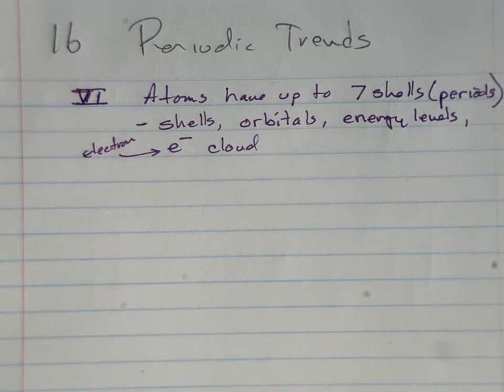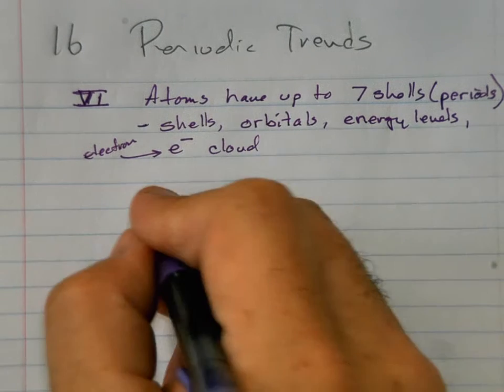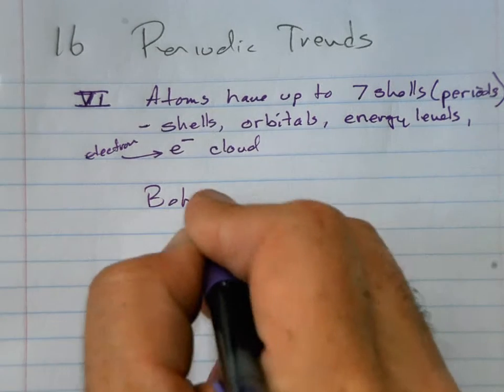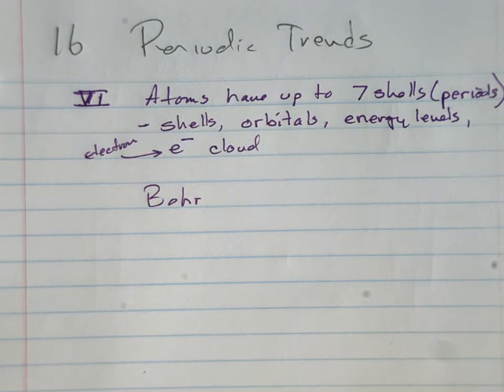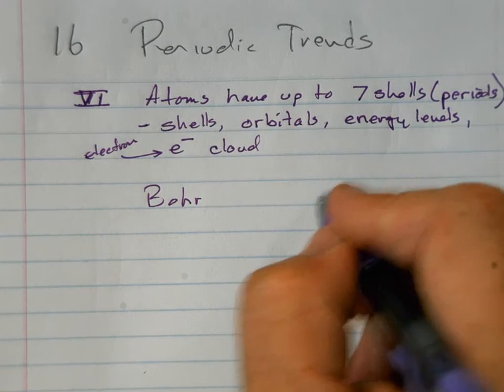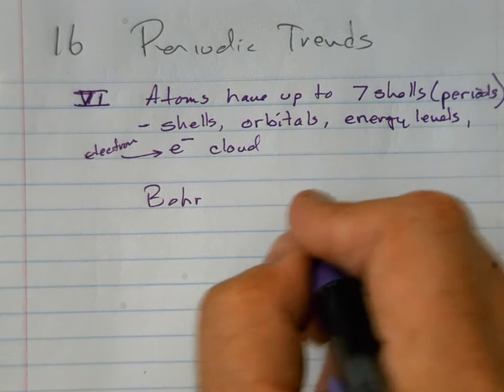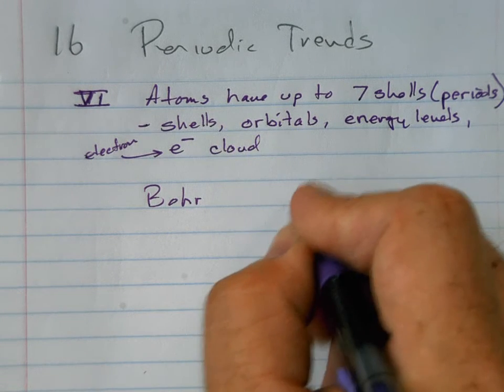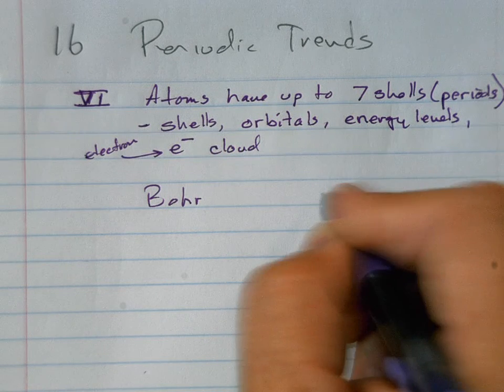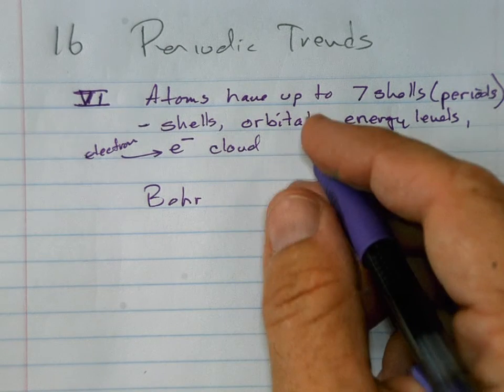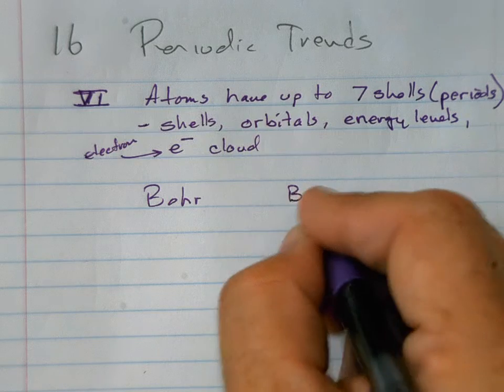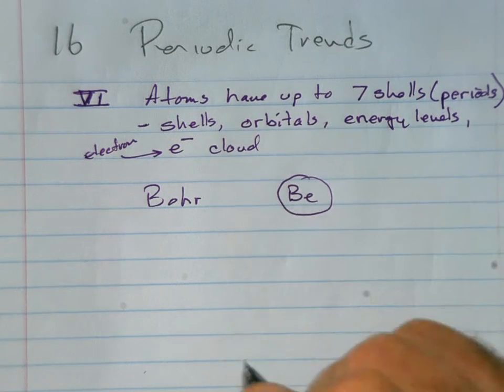So let's see. We're going to draw a Bohr model, B-O-H-R, named after Dr. Niels Bohr. And the Bohr model, I think we already did an activity with that in our class. Probably we did, those of you watching the notes. But let's take the element, let's do beryllium. We'll draw the nucleus for beryllium.